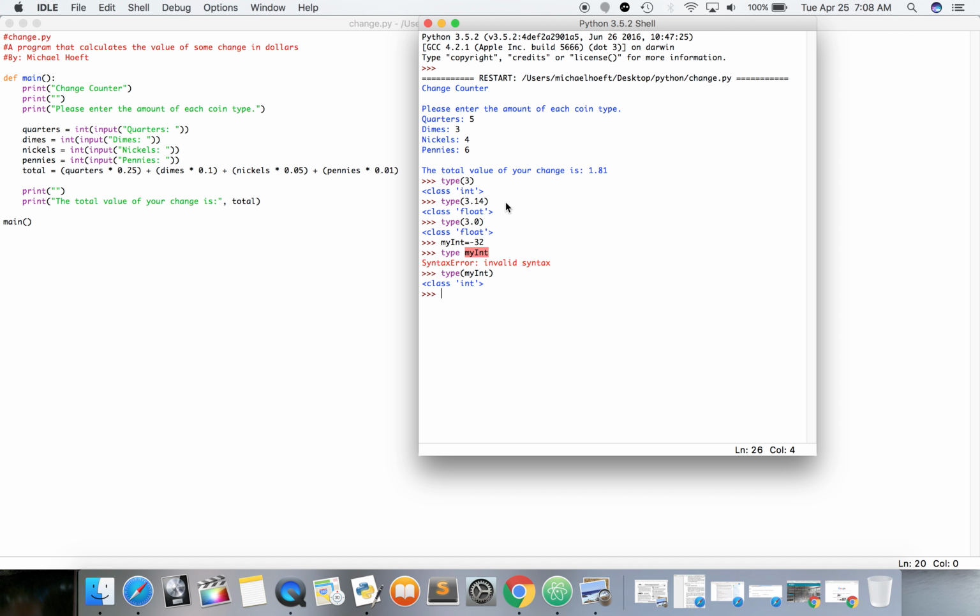All right, so it's a class int, and also just as a good practice, I always use parentheses now, even in Python 2. I think it's good to build a habit there. So let's do my float, right, and then type my float plus float.